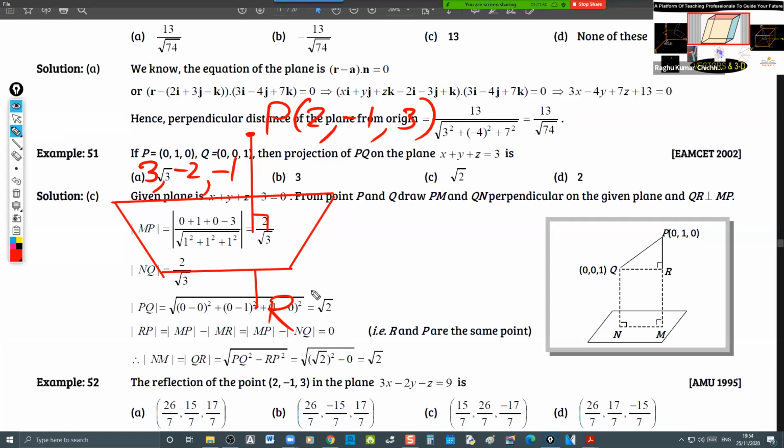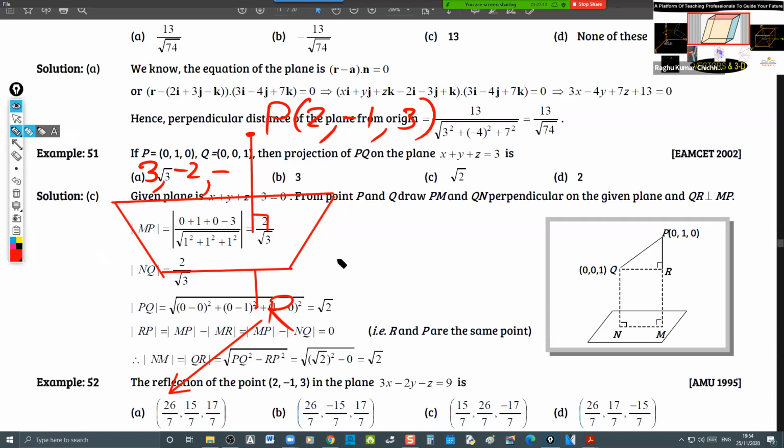For example, 26 by 7. Let me write like this. This one I am taking up. So write the DRs of PR, please. Let me check. 26 by 7.